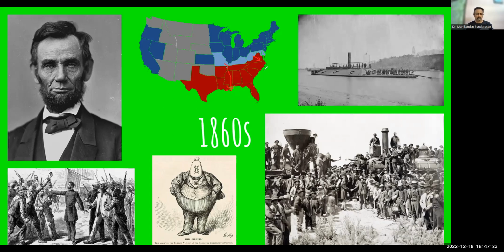These were the three major plans. Capturing the port cities was pretty successful; they were able to do it within a year. The other two were a little less successful, especially the one to capture the capital in Richmond, Virginia.